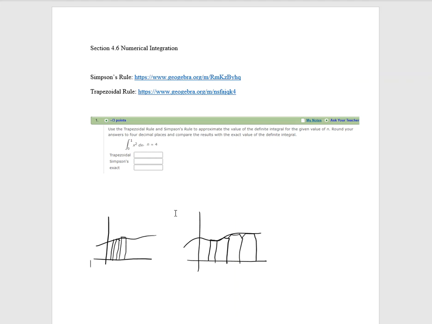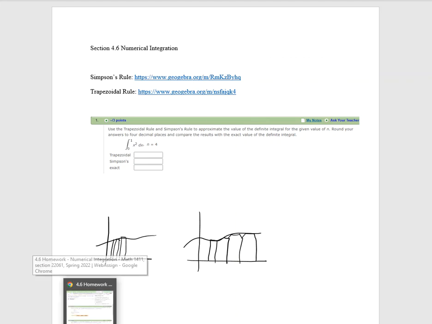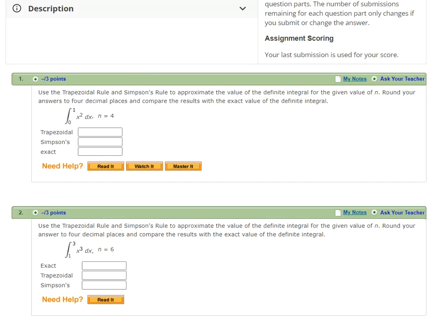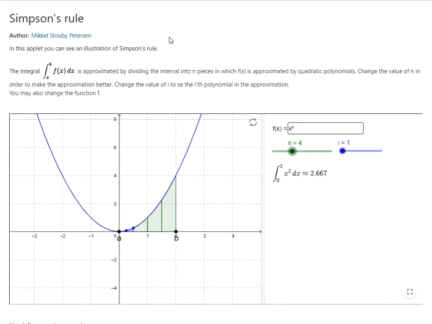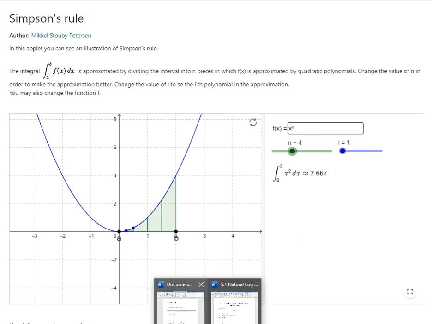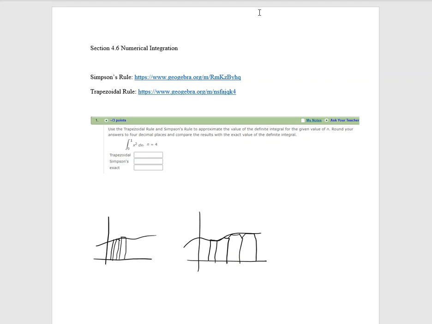So if I wanted to use the trapezoidal rule and Simpson's rule to approximate the value of x squared from 0 to 1, I want x squared from 0 to 1.